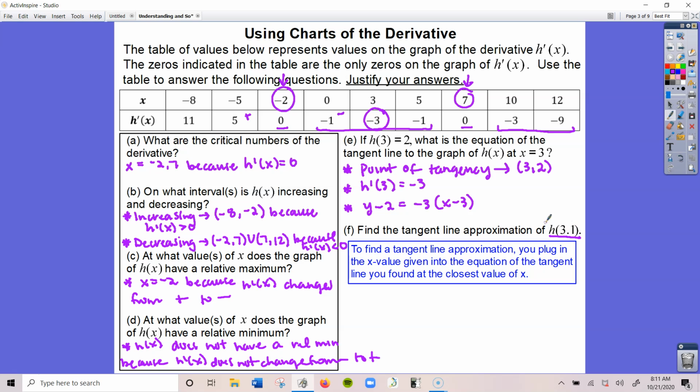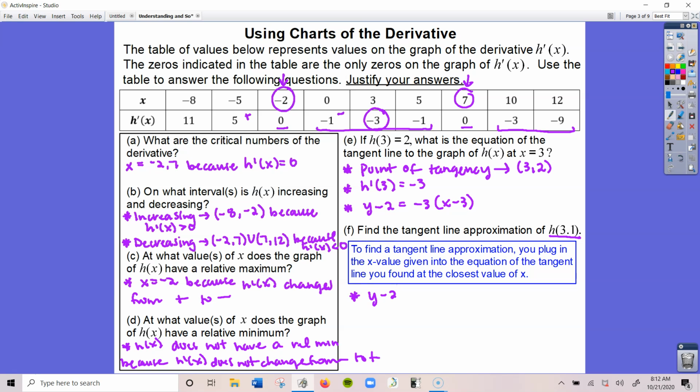But since the tangent line we found was for when x is equal to 3, that's very, very close to 3.1. So if I plug 3.1 into my tangent line equation, it's going to give me a value that is very, very close to the actual function value. So all I have to do is take that 3.1 and plug it into my equation.